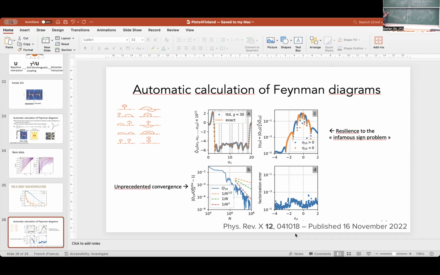You start with your qubits. You put some gates. These gates are parameterized by some angles.